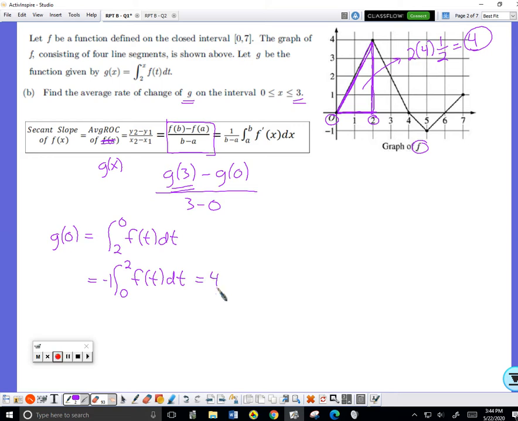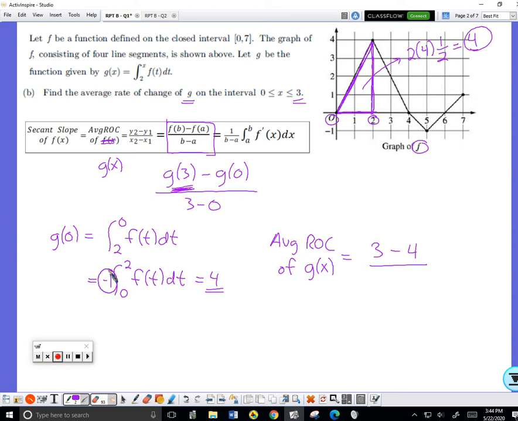So I now know, for the average rate of change of g, that's going to equal g of 3, which was 3, g of 0, which is 4, oh, big mistake.